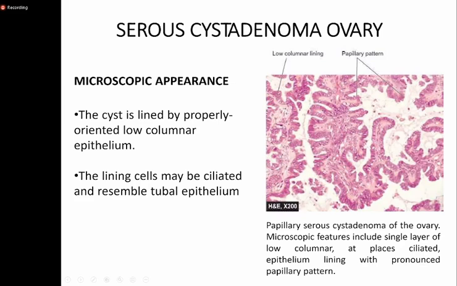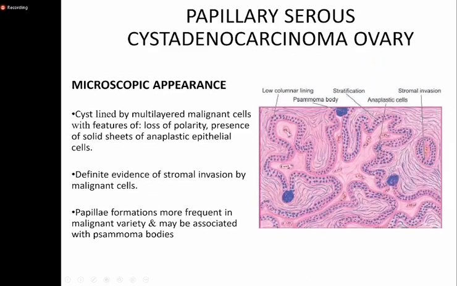The cystadenocarcinoma, however, the layers of columnar cells tend to be piled up. So multi-layered malignant cells showing loss of polarity, presence of solid tumors within the stroma. There is definite evidence of stromal invasion, and the papillae formations are more frequent and disorganized, and there may be associated psammoma bodies represented in blue in this picture.